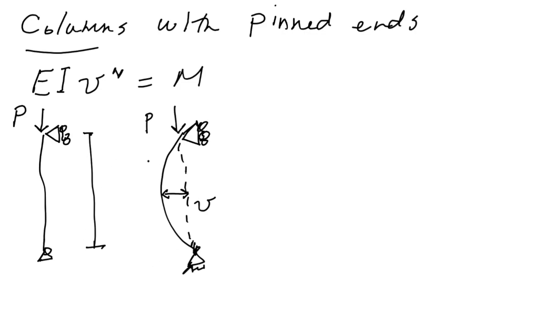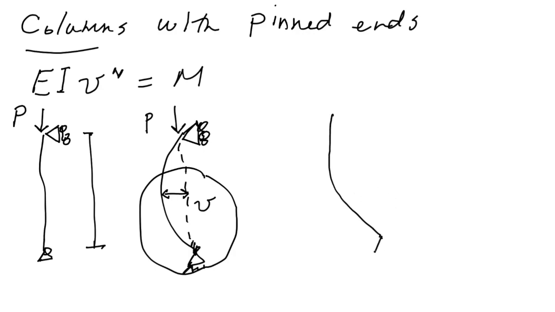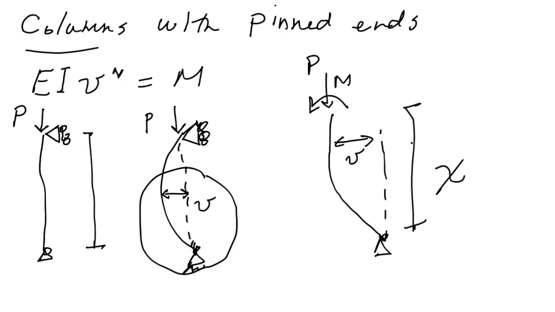Now let's do similar to what we did last time. Let's create a free body diagram and cut through the beam, or the column. Even though my drawing is really bad, it looks something like this, where we have a moment and then a load P that we have to solve for. We have some deflection v and some distance x.